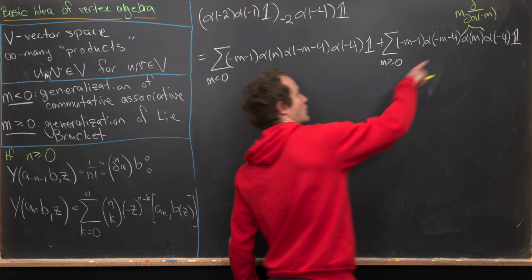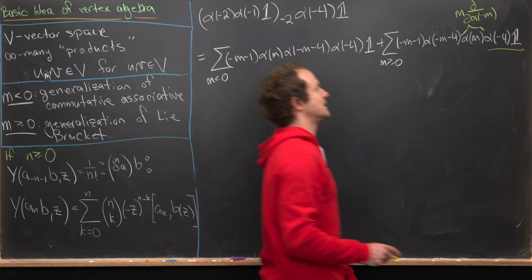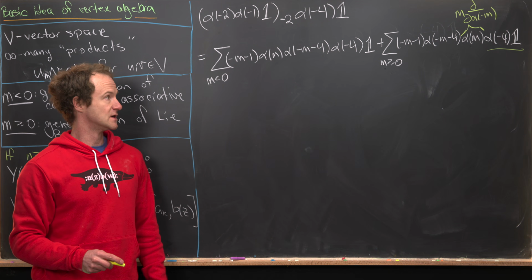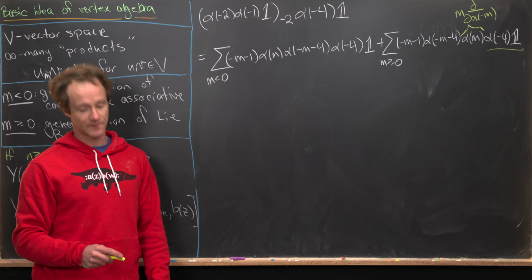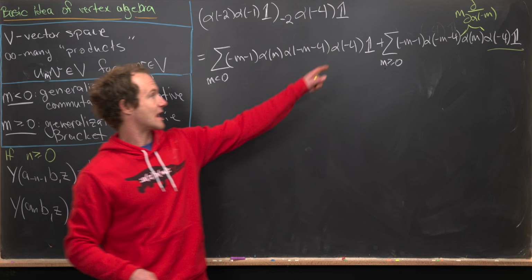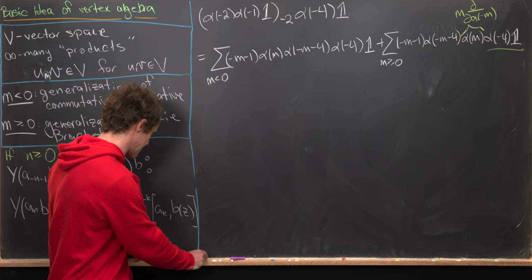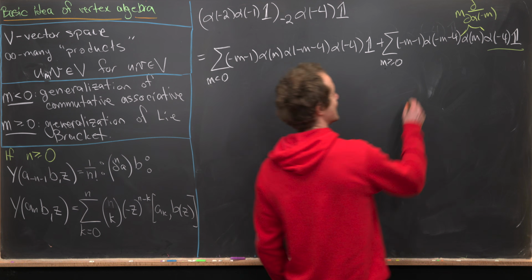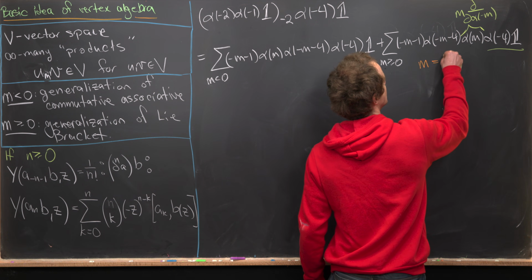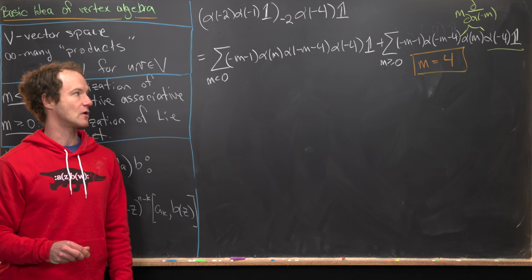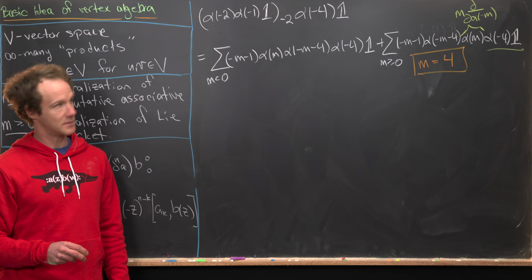But look what's to the right of this. There's just an alpha minus 4. So since there's just an alpha minus 4 there, it means that all of those partial derivatives will give us a 0 except for one special value, and that is if m is equal to 4. That'll be the only non-zero term from this sum.